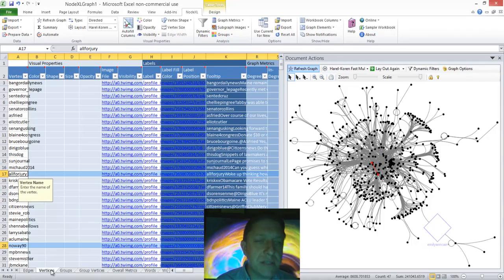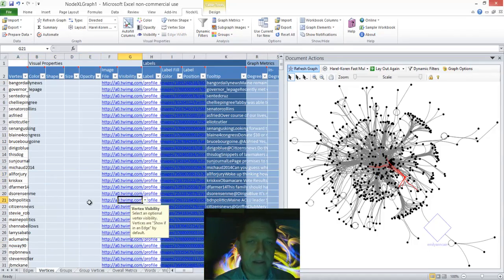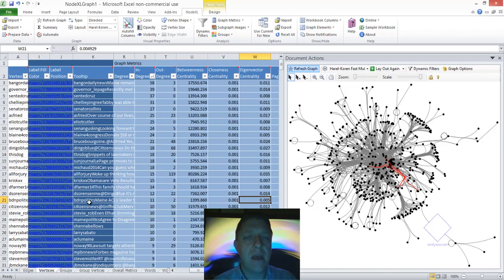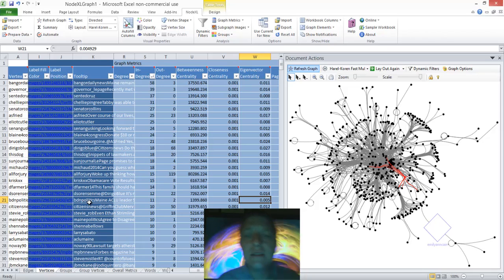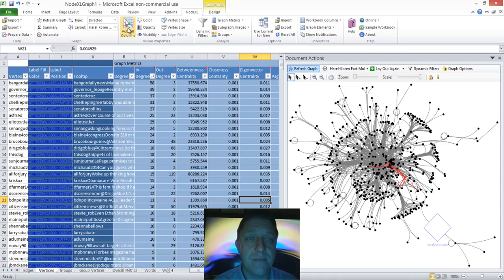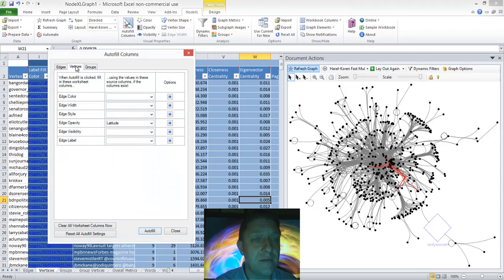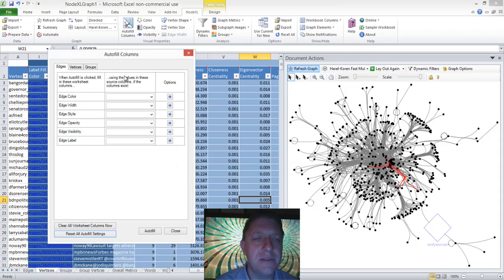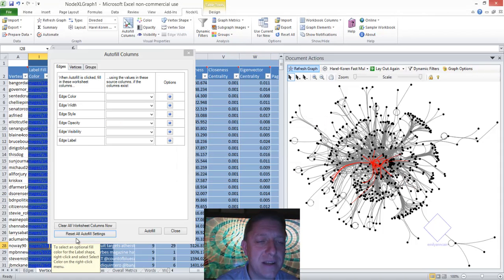What's more interesting to me right now, because we've been talking about things like centrality and degree, is that I have that calculated for every node. So I could go back to autofill, and let's select vertices. And let's reset here. Yes, we don't want to use latitude, so I'm going to clear it by hitting the reset button.